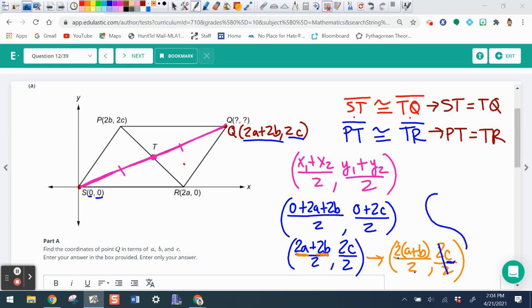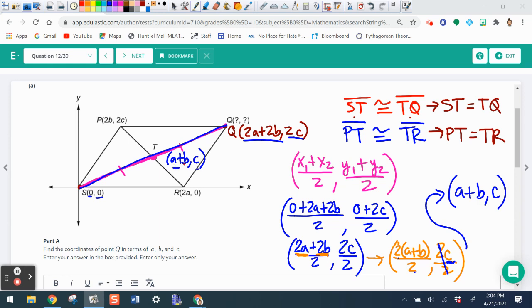So, a little roundabout here, the midpoint of SQ, the coordinate for T, is a plus b comma c.